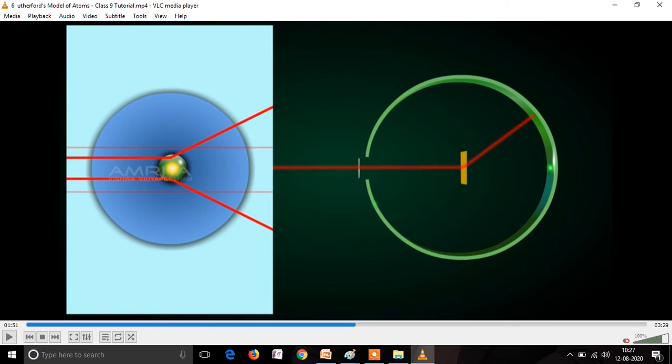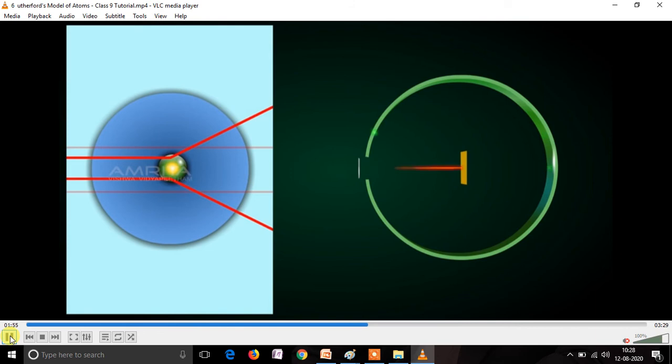This means that an atom has a small portion in it which could also be of positive charge, and when the alpha particles pass close to the positively charged particles present inside the atom, they are deflected from their initial path.